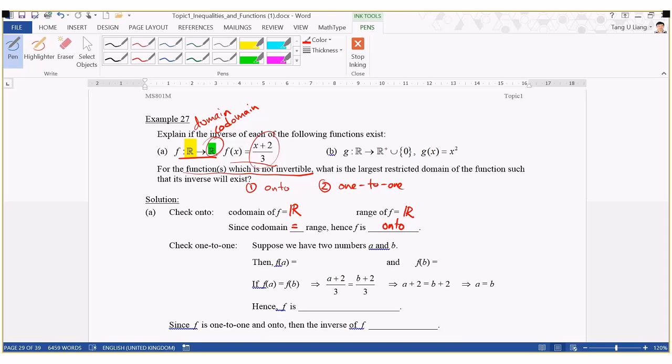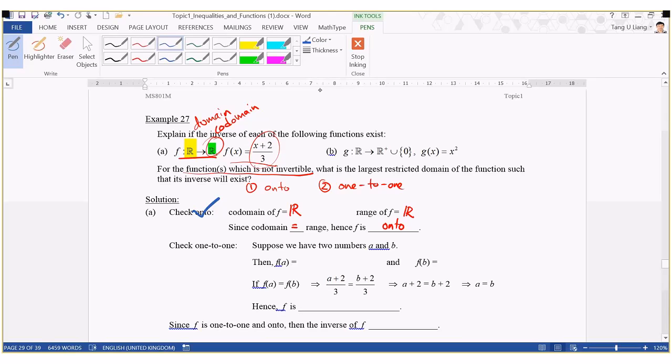Let me check for the second criteria now, and how will that work out? We have to check 1-to-1, and please pay attention. There's a certain procedure which is outlined here, which we need to follow to check something is 1-to-1.